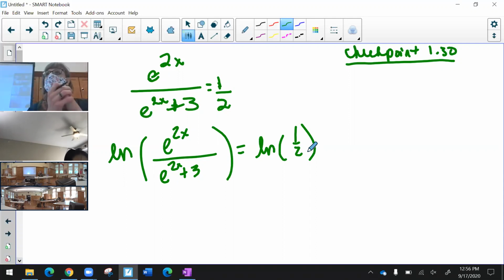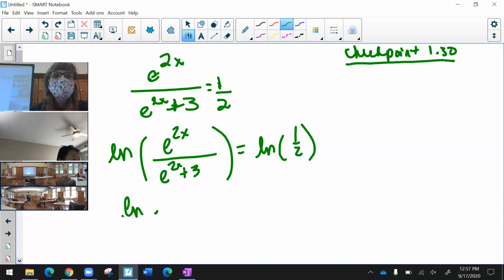What's my task? Solve for x, right? So what would I do now? I need to get to x, right? So I'm taking the natural log of this thing that's divided, so maybe I would use one of my log properties.